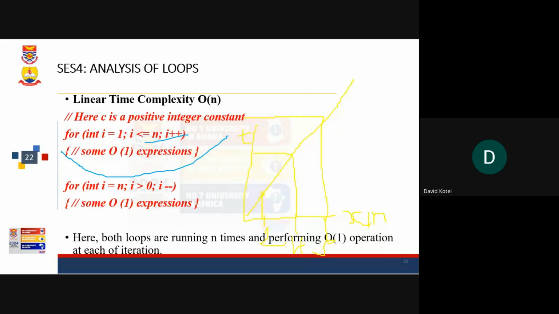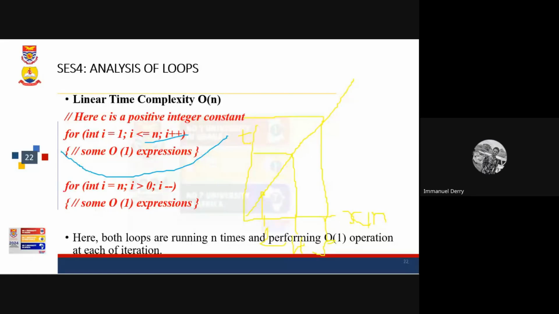Yes. But linear time complexity is actually based on the quantum of input you put in. The larger the input, the longer the time it takes. So as you increase the input, it will take longer than the previous one. Yeah. Okay, thank you.